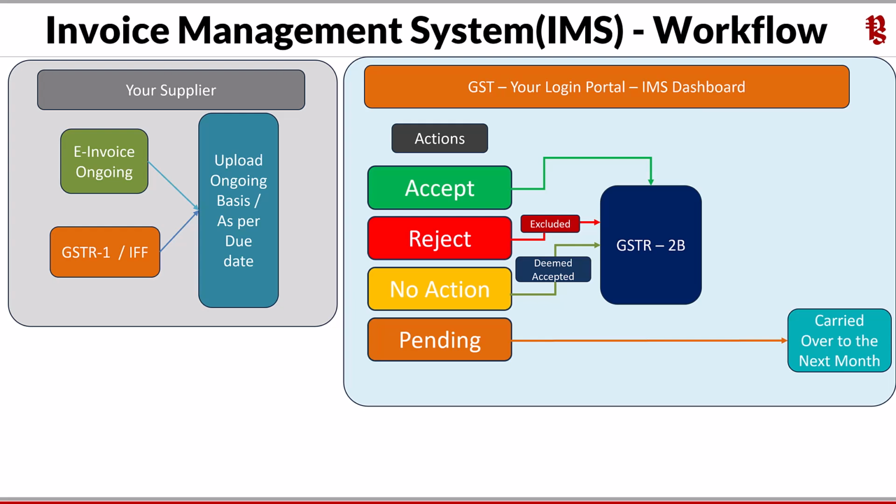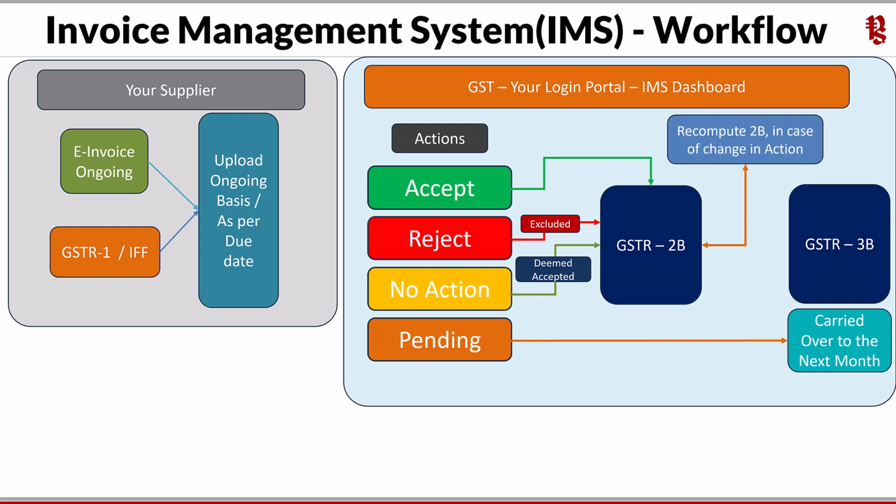Once you mark any bill as pending, the same will be carried over to the next month's 2B. This whole activity you can do on a real-time basis throughout the month. In case you have changed any of the actions, you can recompute your 2B. This whole exercise will help you to claim your eligible ITC and file your GSTR 3B accurately.